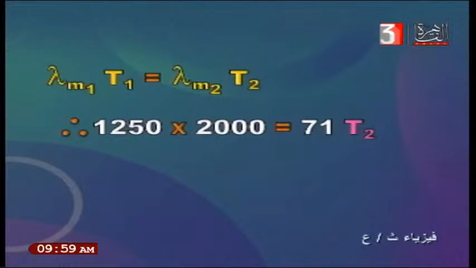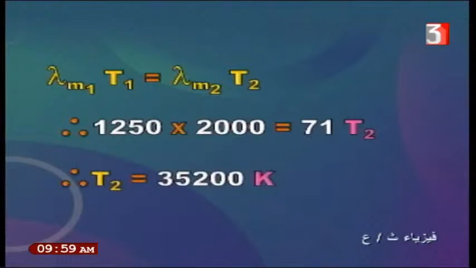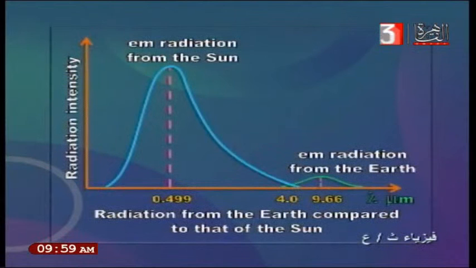And what about the star? Its peak wavelength is 71, so we want its absolute temperature. It's all easy. It will be 35,200 Kelvin.